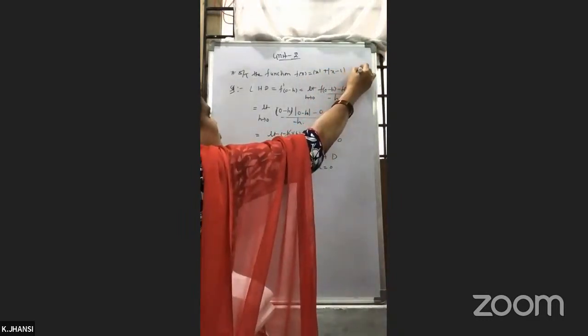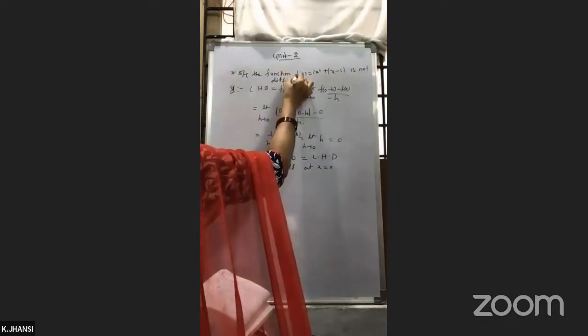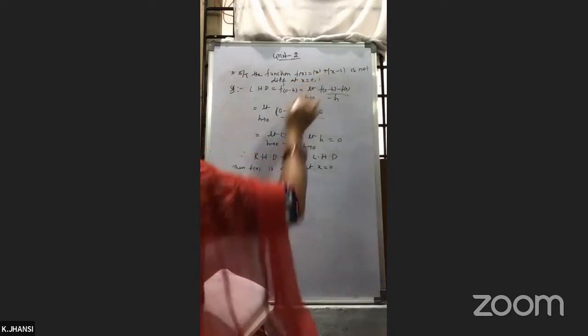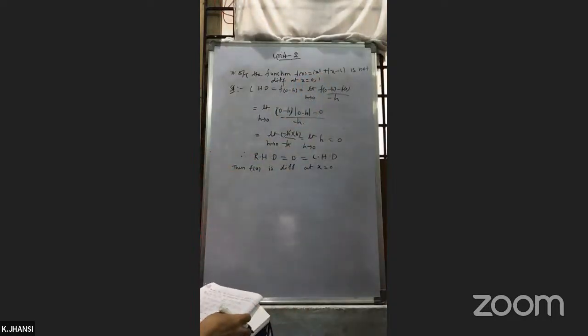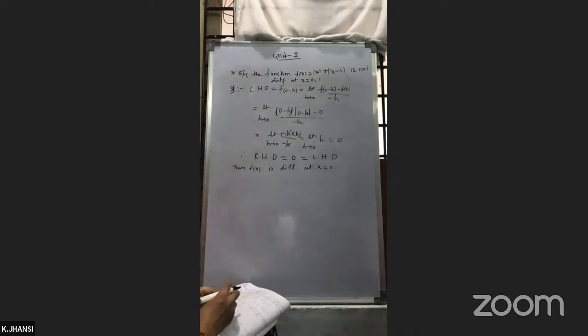It is given in the question itself that it is not differentiable at x equals to 0, 1. So at 0 it is not differentiable, and also at 1 it is not differentiable.